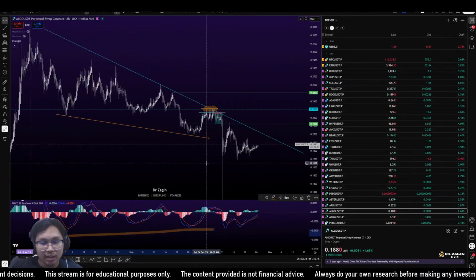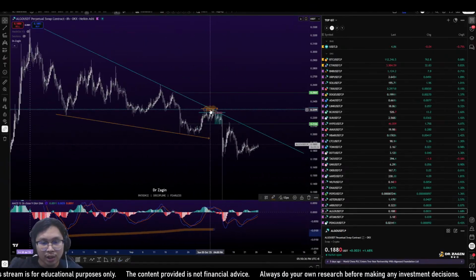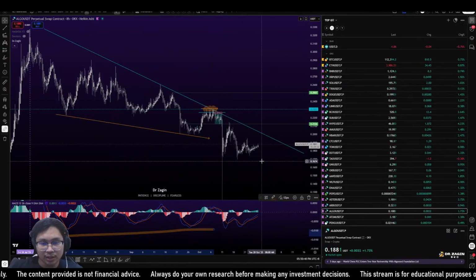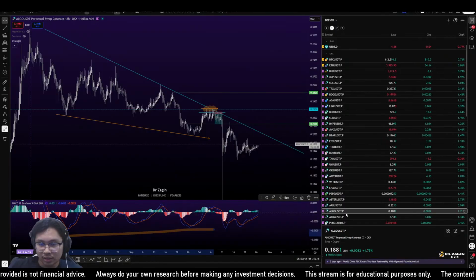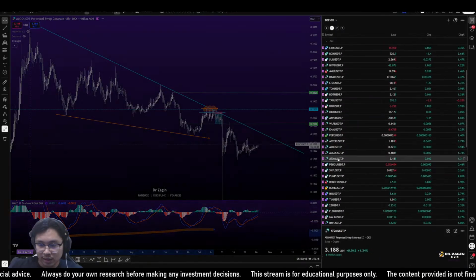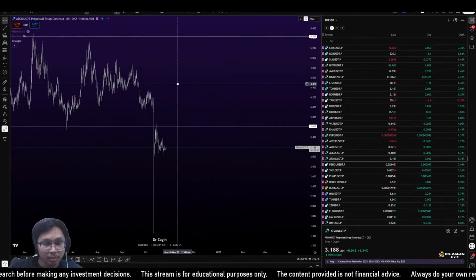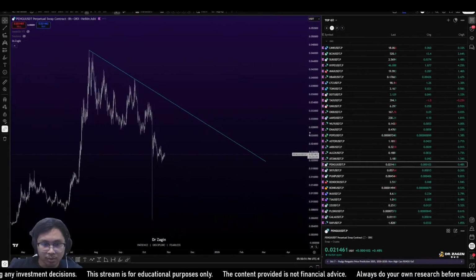But the fact that it's showing resistance here, I shorted it here. So next, Atom. No trade for Atom.